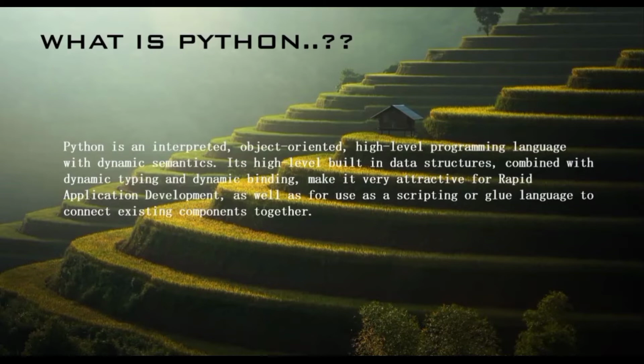And speaking about object-oriented, it makes use of data encapsulation, abstraction, polymorphism, and inheritance. And speaking about high-level language, Python is a hybrid programming language, friends, which makes use of both interpreter and compiler at the same time.